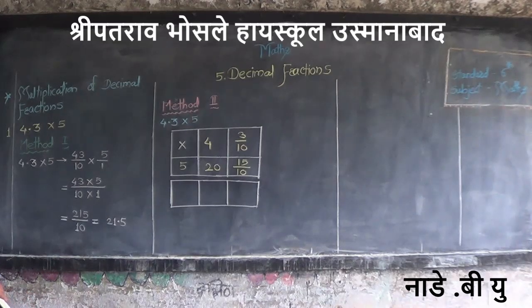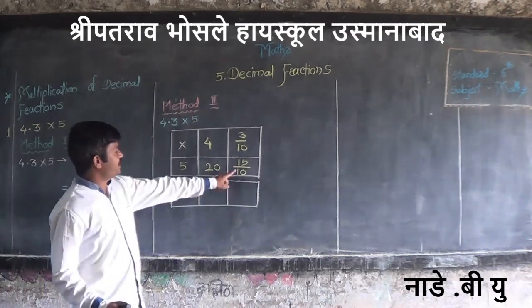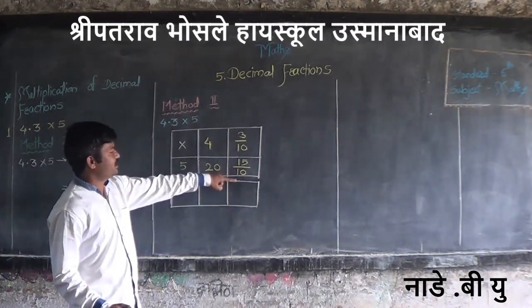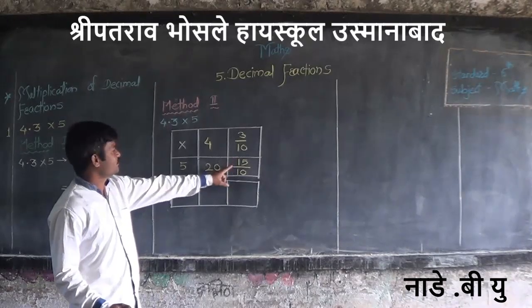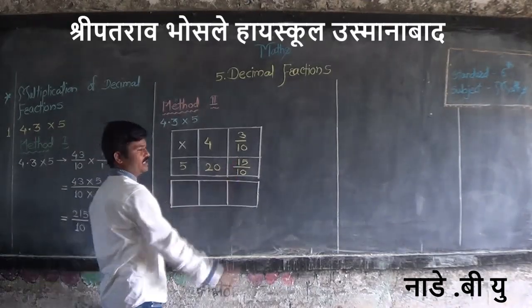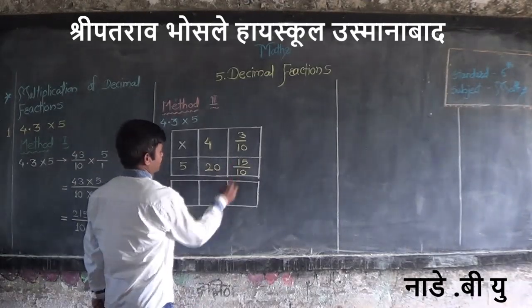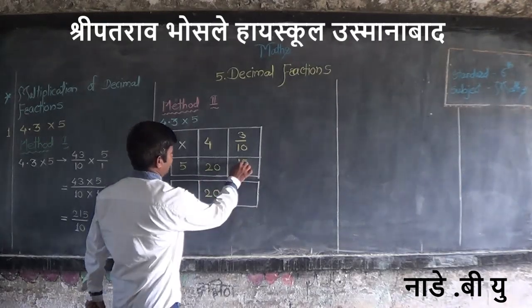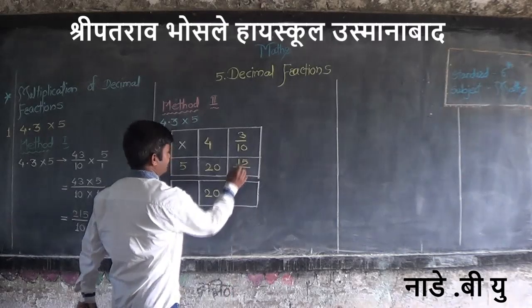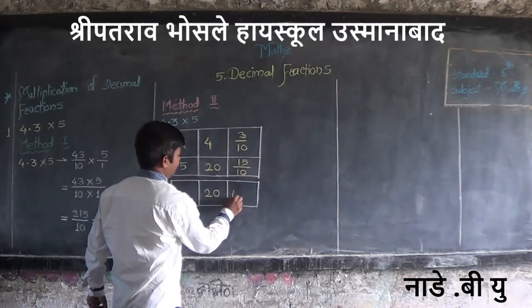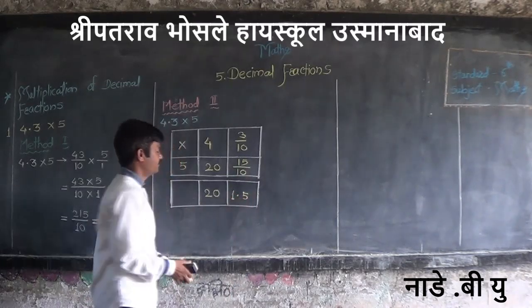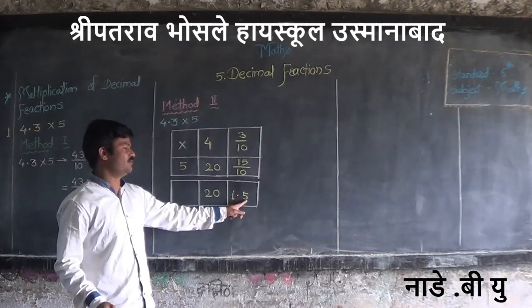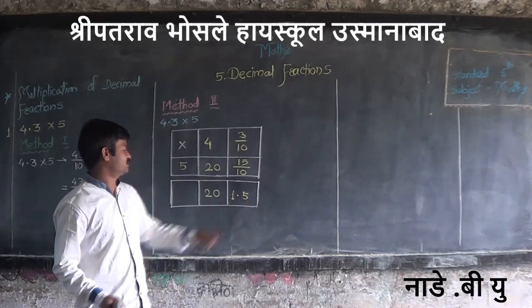If we convert the common fraction 15 upon 10 into a decimal fraction, it is 1.5, where 1 is the integer and 5 is the fraction.